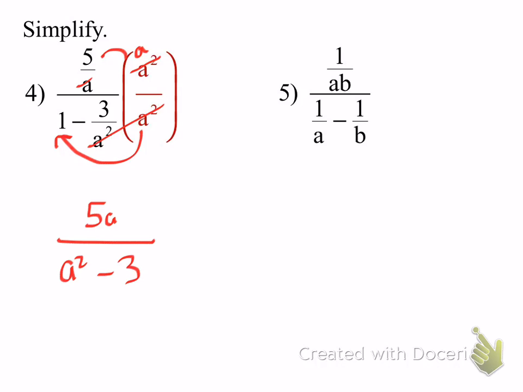What's the least common denominator on the next one? Ariel? AB. Yep, AB. I don't really need to write it 4 times because I've already got it. Okay? So on the first one, when I distribute, we're left with just a 1.